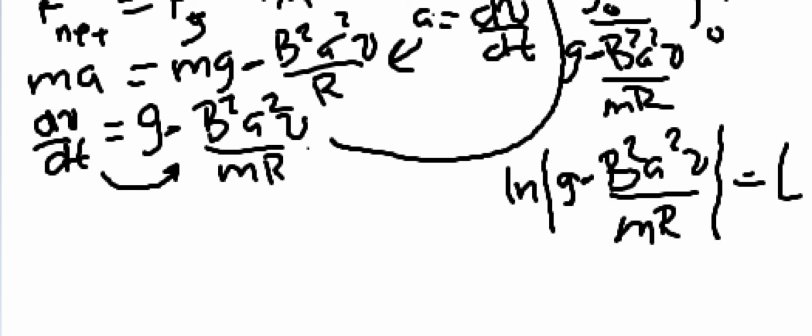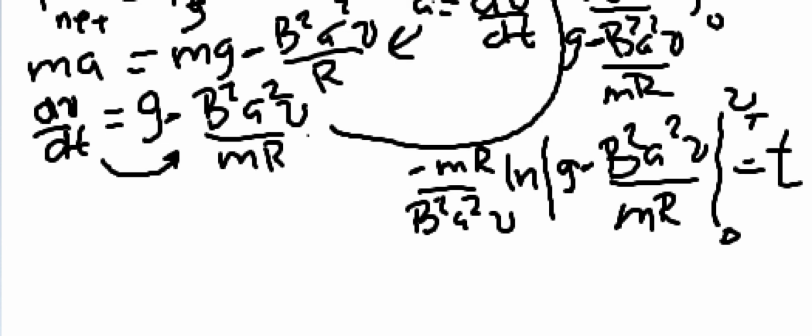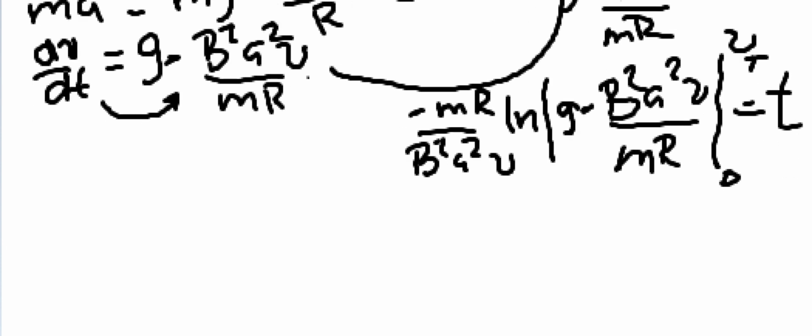There's t here, and we still have not done from 0 to vt. There's chain rule here, which means we have to take care of this negative R over B squared a squared v. So that's the chain rule being applied, and then once we integrate this side, I think that works.